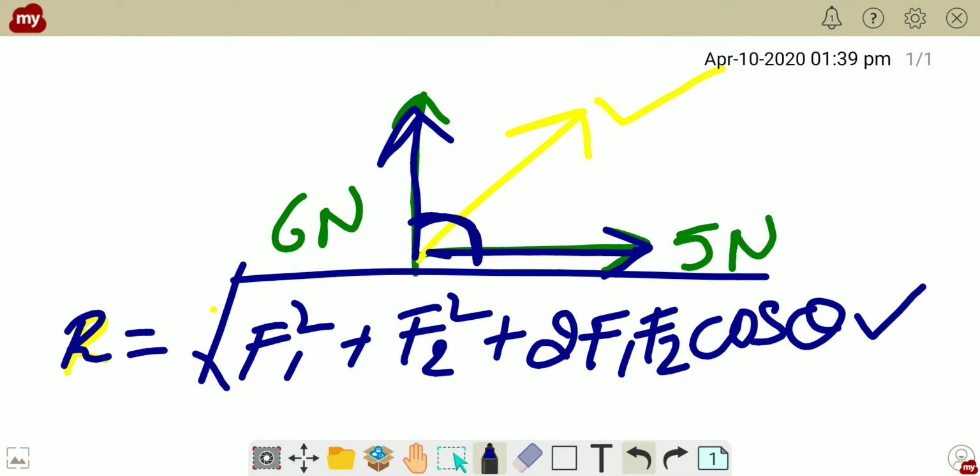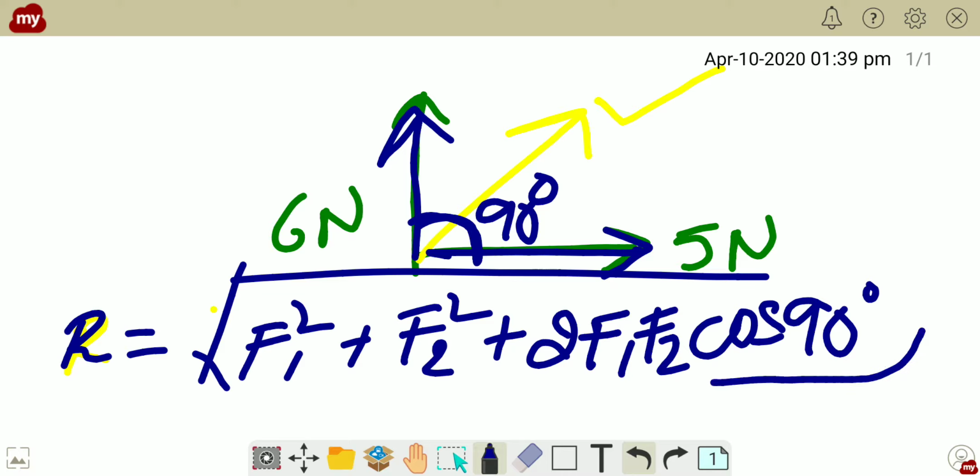That is completely 90 degrees. So at the place of theta we have to write 90. What is the value of cos 90? It is 0. Since cos 90 is 0, the whole term becomes 0.